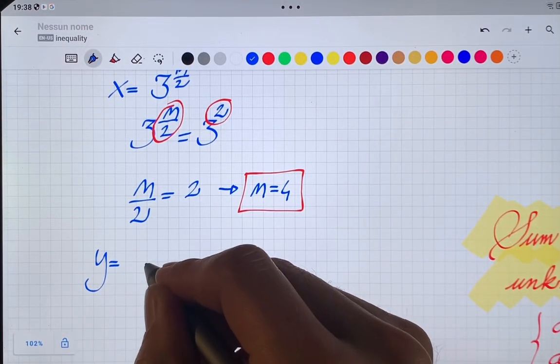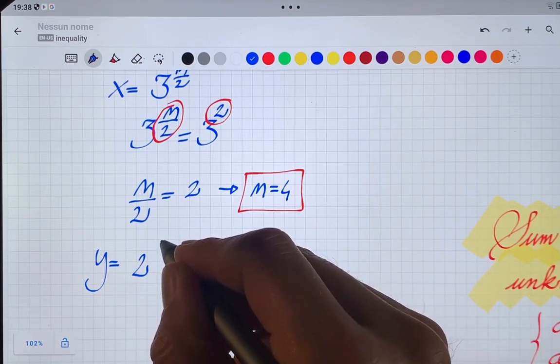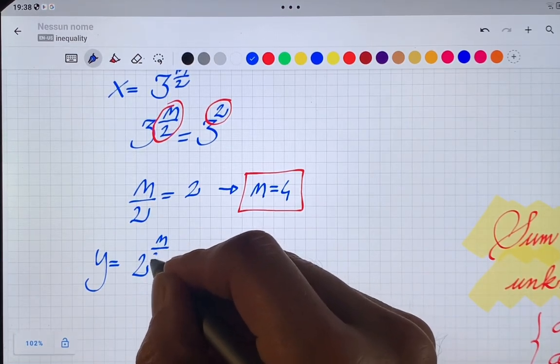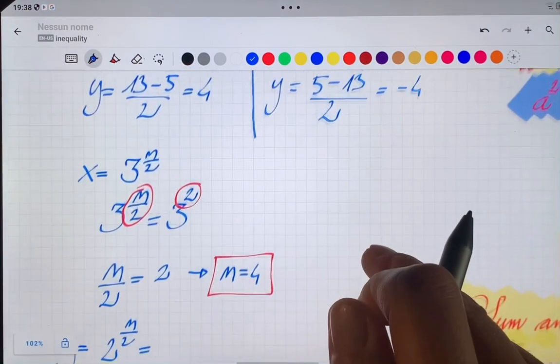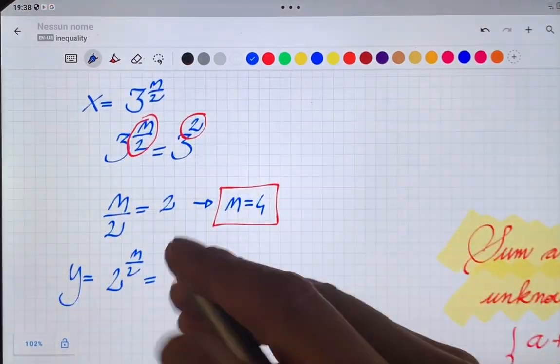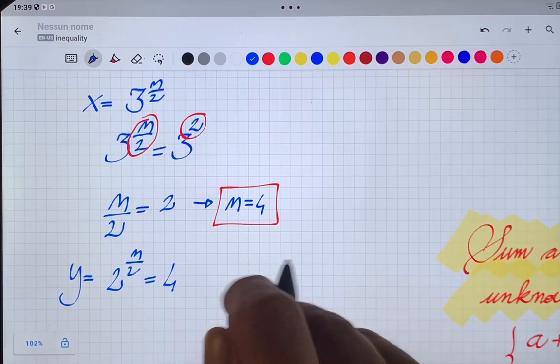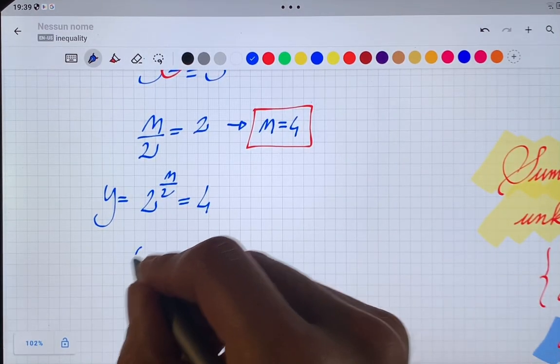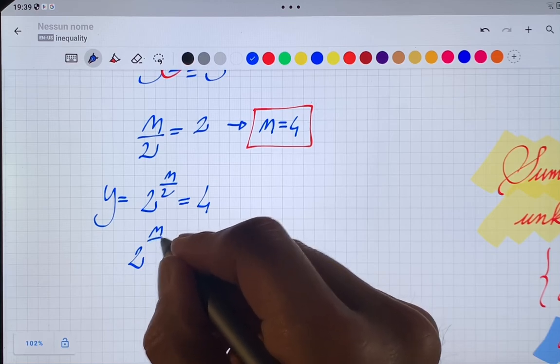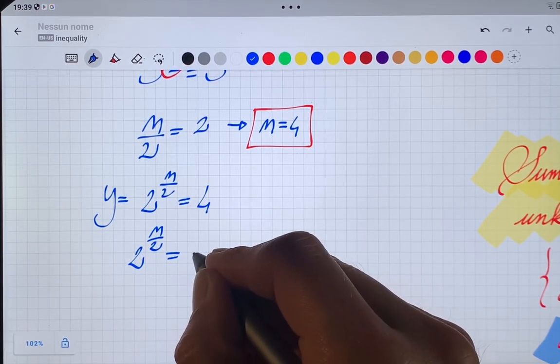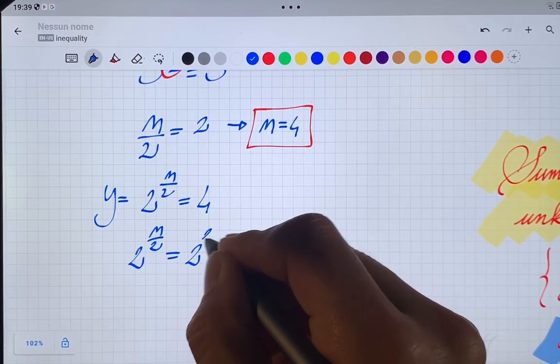Y is 2 to the power of n over 2, and that's equal to 4. That means 2 to the power of n over 2 is equal to 2 to the power of 2.